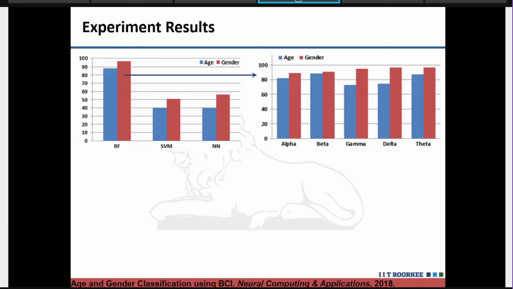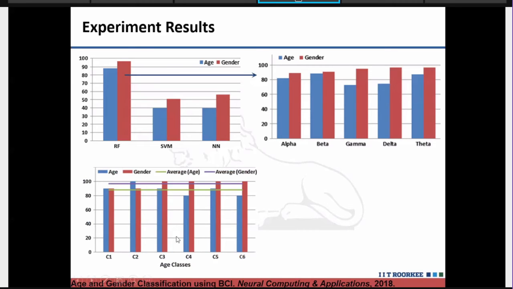If we analyze using the alpha band only, the accuracy could be 80, 85 or 90. With the theta band, the accuracy could be better for gender.